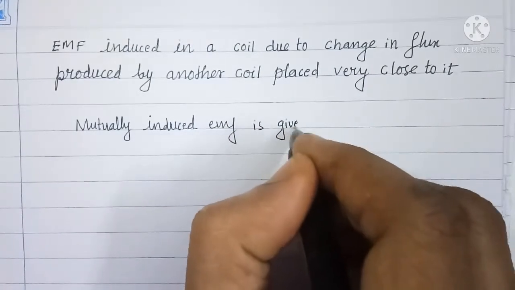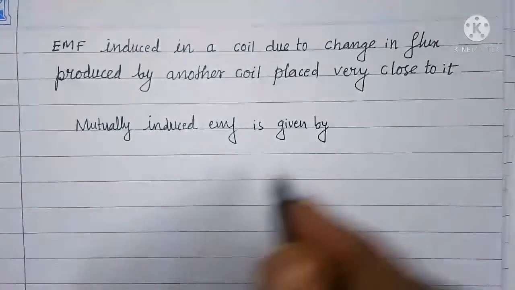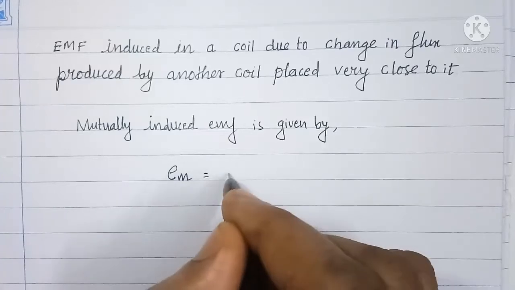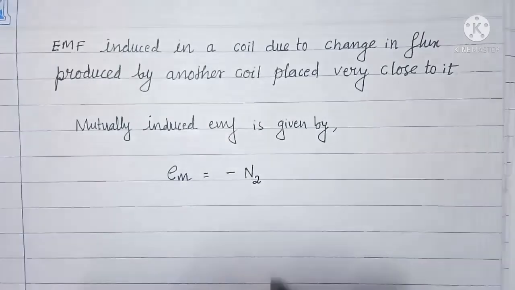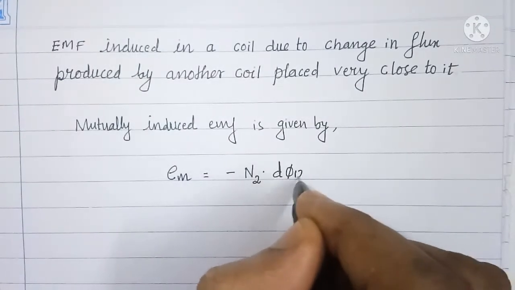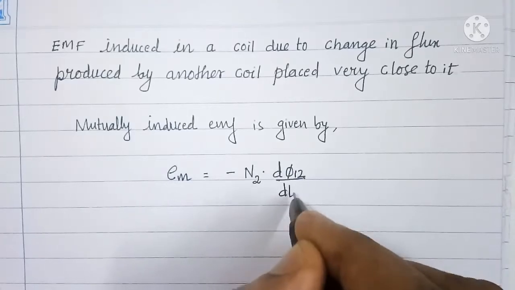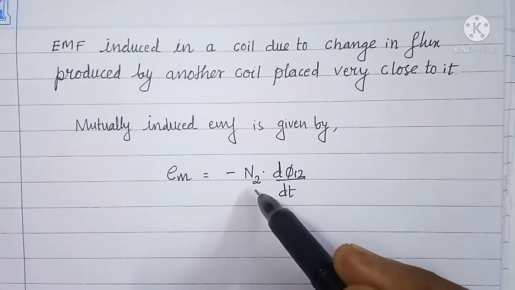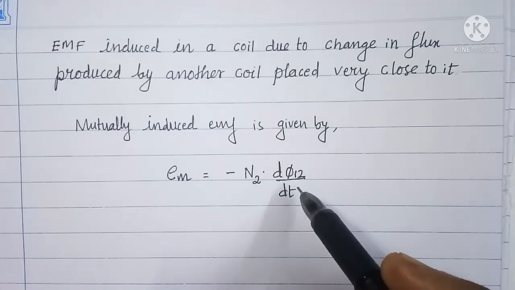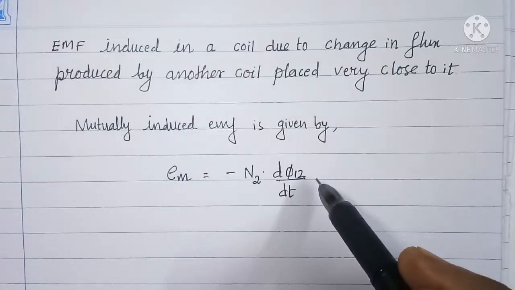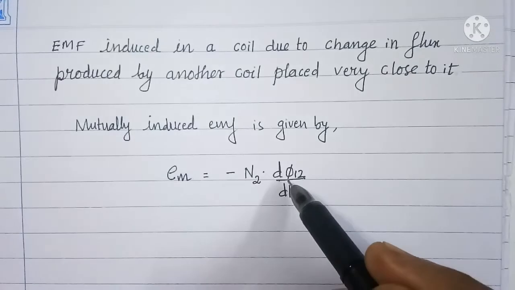Mutually induced EMF is given by EM equal to minus N2 into d phi 12 by dt. Here you have to take number of turns in second coil and the rate of change of flux that is linking with coil 2 produced by coil 1.